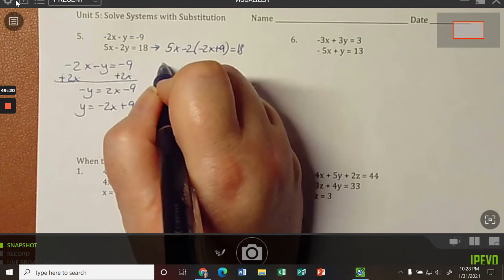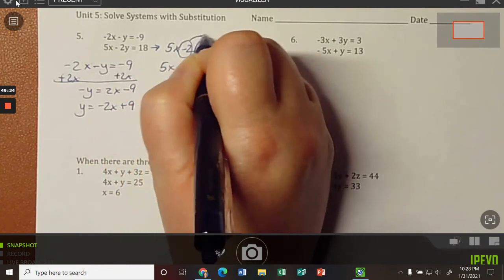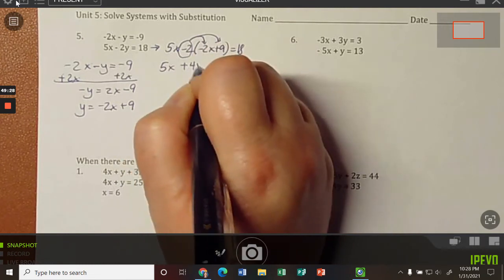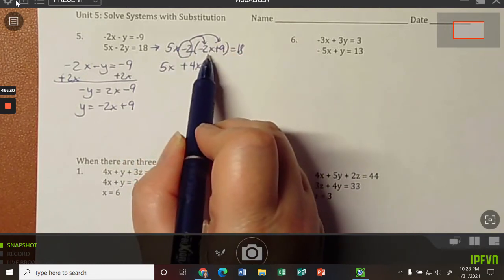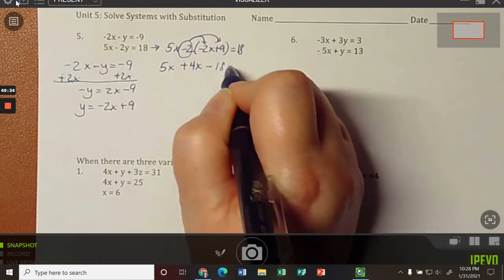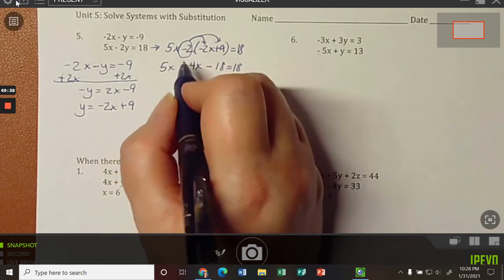Okay, so 5x, and remember you are distributing that negative with the 2. So 5x plus 4x, because 2 times negative 2x is positive 4x, minus 18 equals 18. 5x plus 4x is 9x.